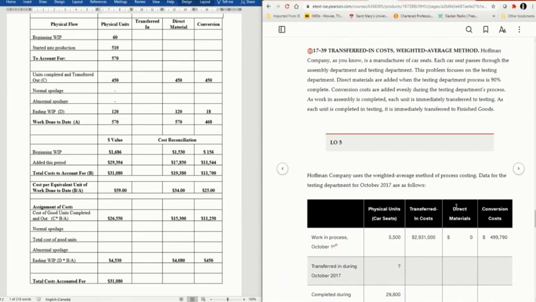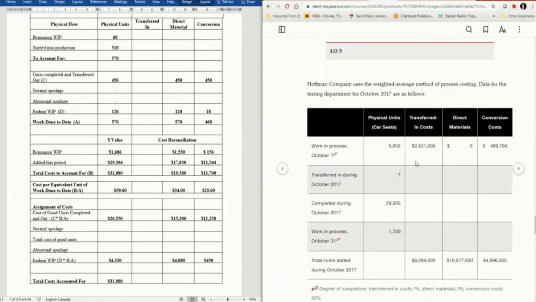So it means that we have the transferred in costs of the partially completed car seats, although it must be more than plastic wrap because it's $10 million worth of new materials.